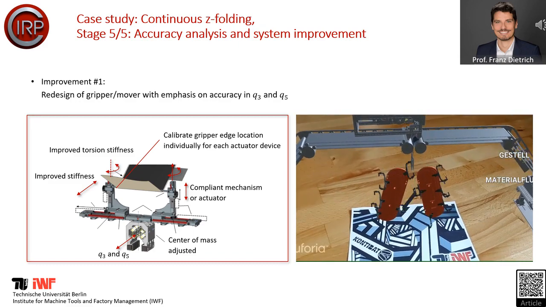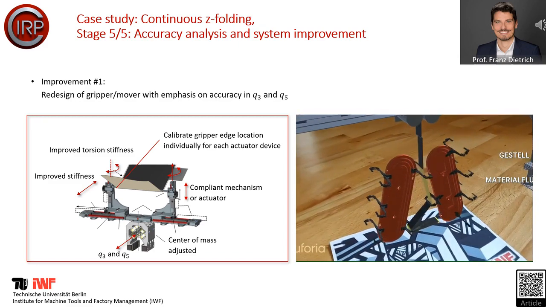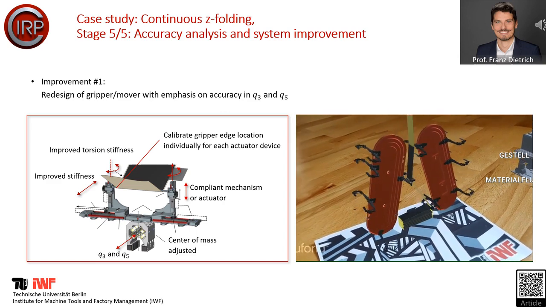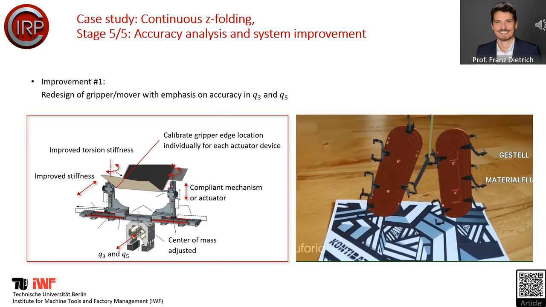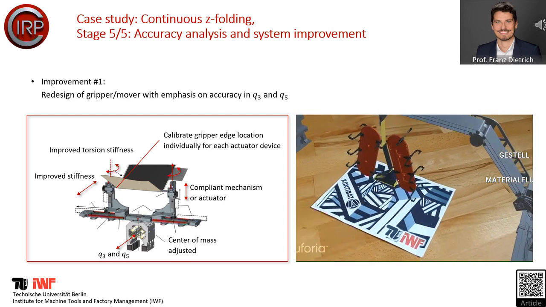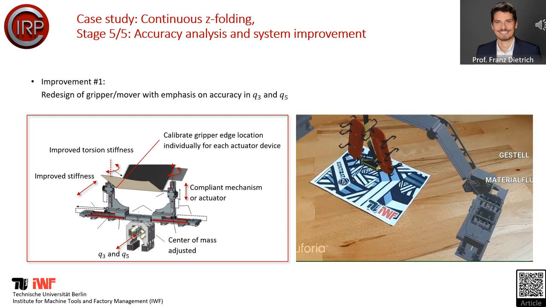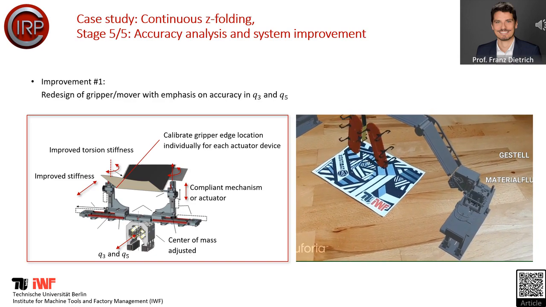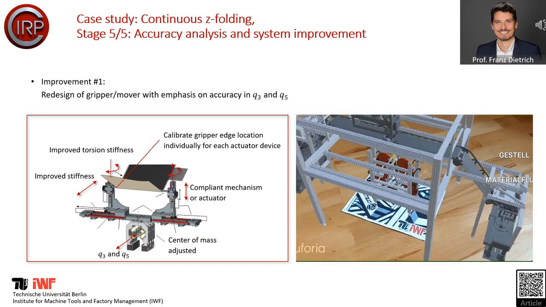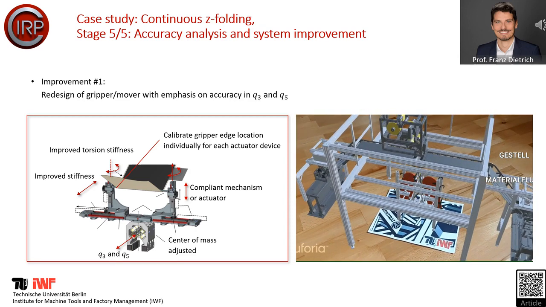We made extra effort to calibrate gripper edge locations for each individual gripper and put that into the control software. We were also considering that a compliant mechanism or even an active actuator would be helpful in the directions 4 and 6.